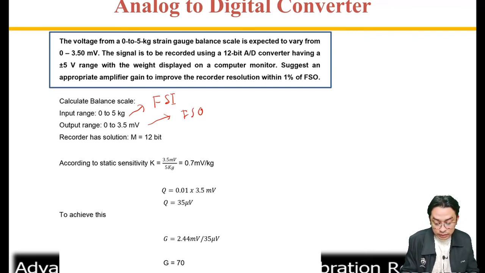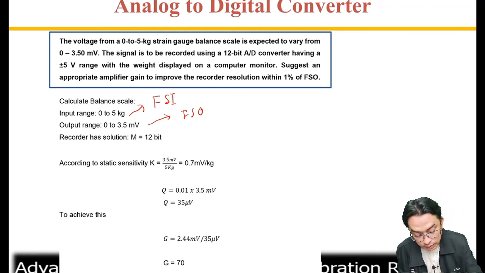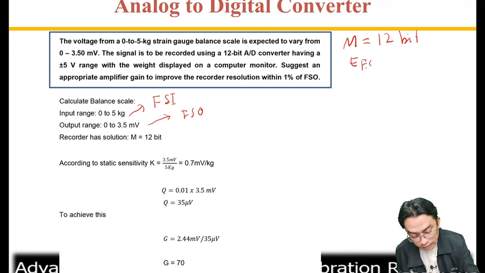And then the signal is recorded using a 12 bits A to D converter with a 10 volt range. So we mark here, it has 2 power of m, where m is equal to 12 bit, and then E FSR is 10 volt.